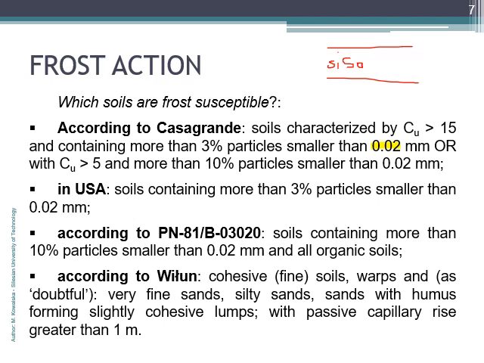The silty sand will probably be defined as a frost susceptible soil according to all these definitions. So if you want to put your foundation in this soil here, then you need to take into account the depth of the frost penetration, and put your foundation on a depth D that will be greater than the depth of the frost penetration.